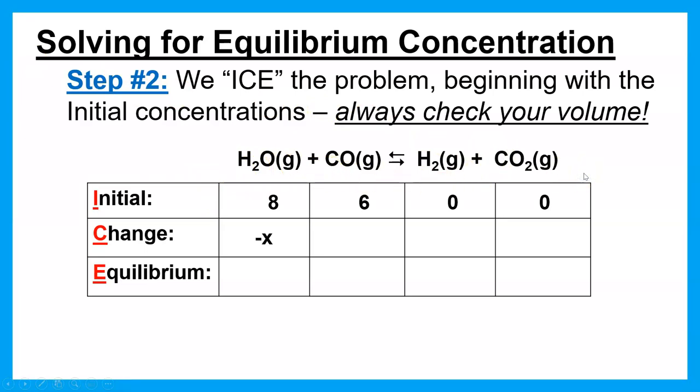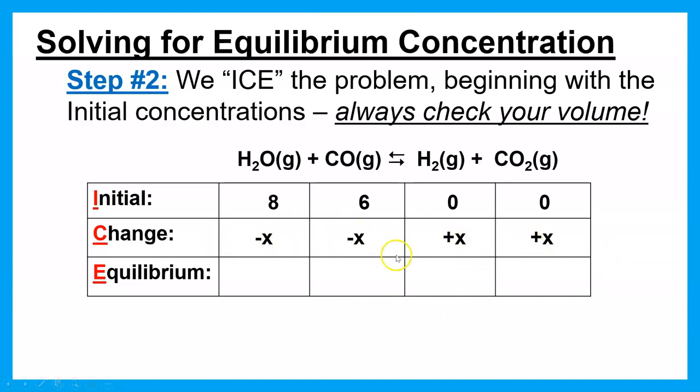So when our reaction proceeds to the right, we lose x of H2O, we lose x of carbon monoxide, we make x of H2, and we make x of CO2. If you didn't have 1s for your coefficients, you'd have to include them here. You might say, oh, 2x or 4x or whatever.